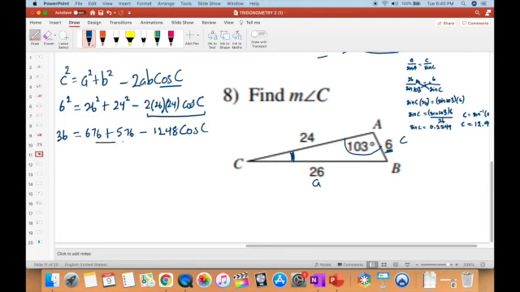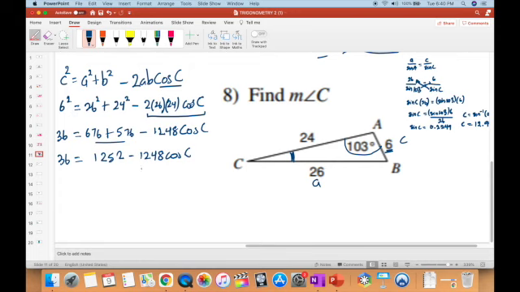So now I'll just add this. So 36 is equal to 676 plus 576, which is equal to 1252. I see something coming on here. 1252 minus 1248 cos of C. So now I could throw across the 1252.